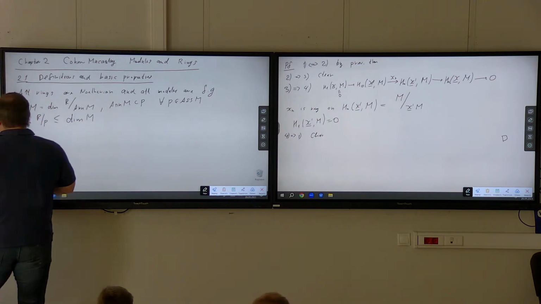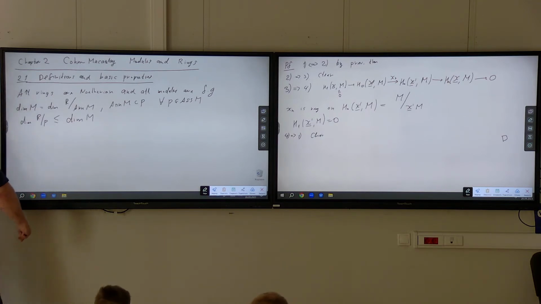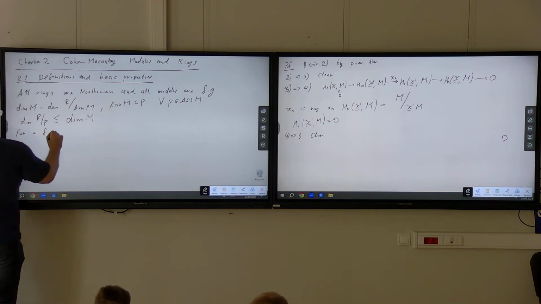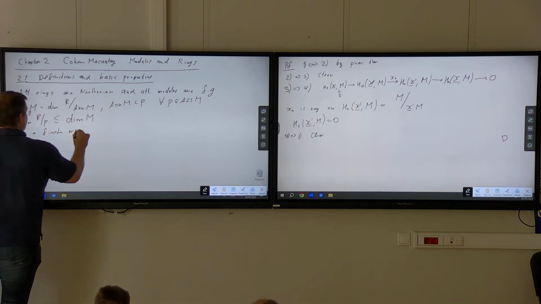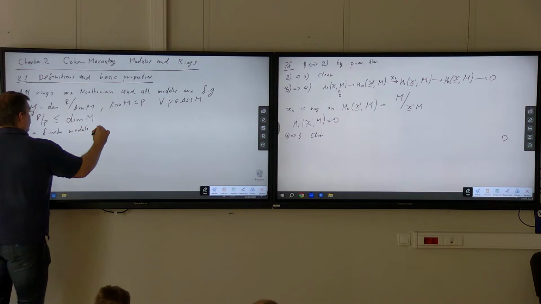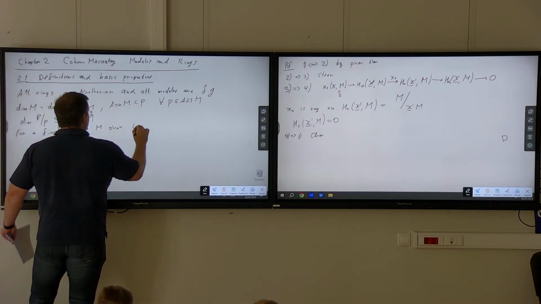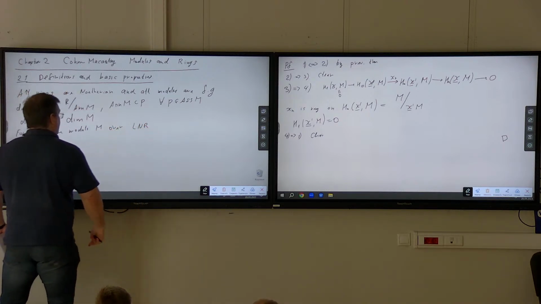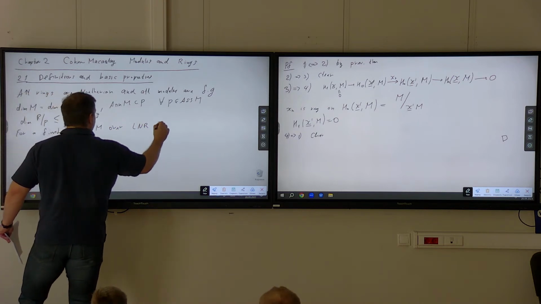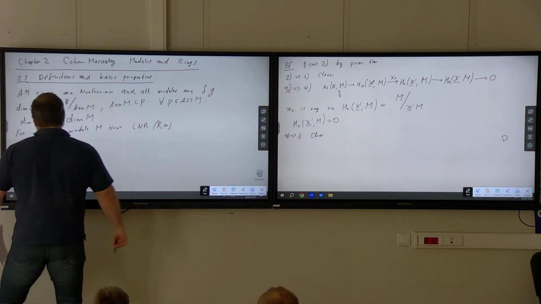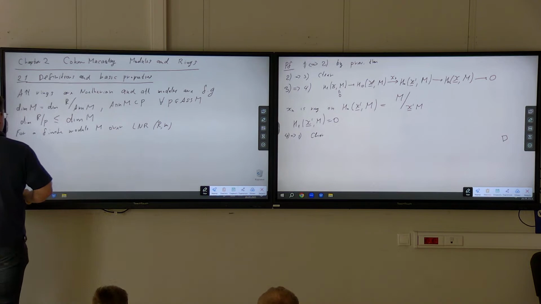So, for a finite module M over a local Noetherian ring (R, m), but R would be enough, we have the following sequence of inequalities.